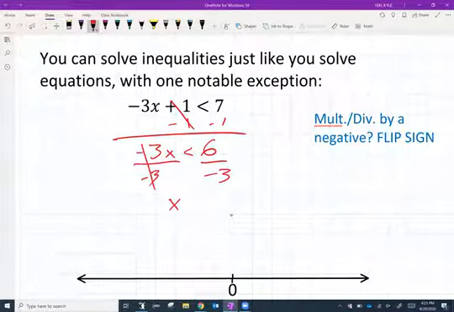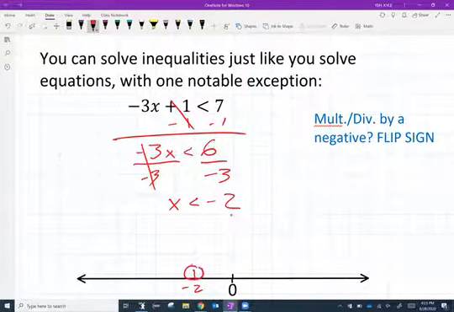And we would say x is less than negative 2. Again, this is incorrect. I'm pretending I didn't realize that I needed to flip this sign. And I'm doing this for a reason. Because when it comes time to put this on a number line, and there's negative 2, and it's less than that, so I'm going to open dot it and then shade everything on this side.